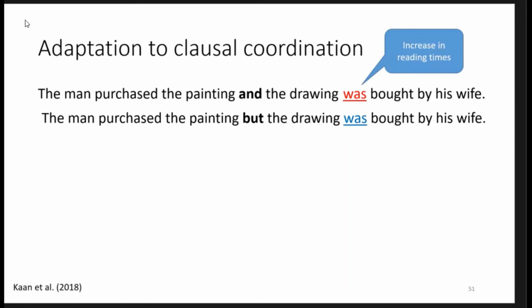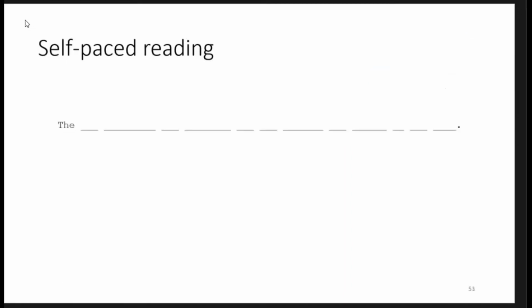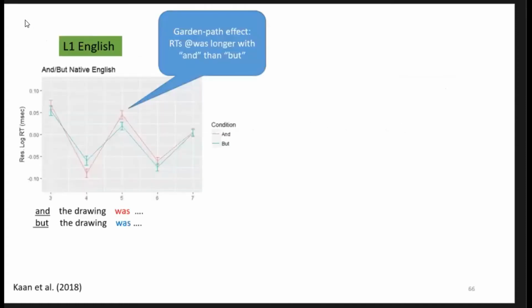That's indeed what I found. I did a self-paced reading study in which people paced their way through the sentence, and I found a garden path effect at the critical position. The red corresponds to the reading times there, and you see that the garden path condition, the "and" condition, had longer reading times than the "but" condition.